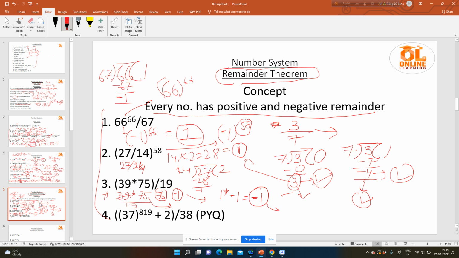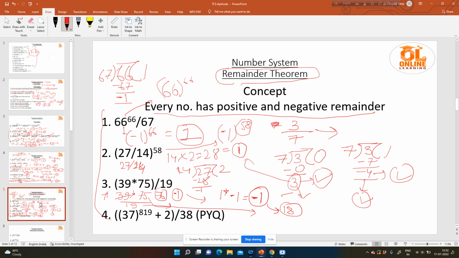If suppose the minus 1 option is not present, we know every number has a negative remainder and a positive remainder. So what will be the positive remainder for it? It will be 18, as we are dividing the number by 19, so 18 plus 1 is 19. That's why if the negative remainder is minus 1, the positive remainder will be 18.